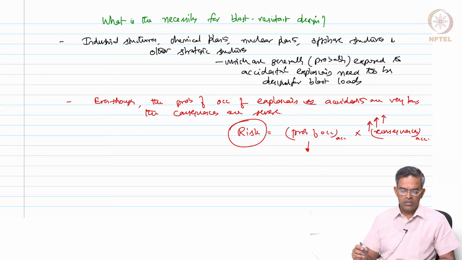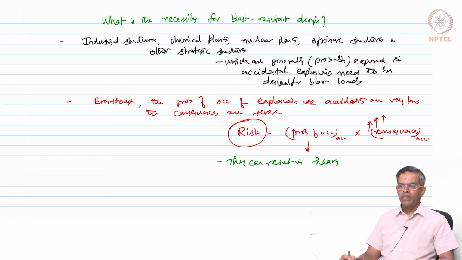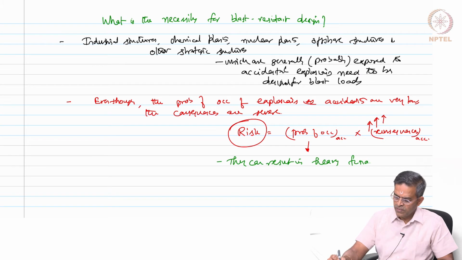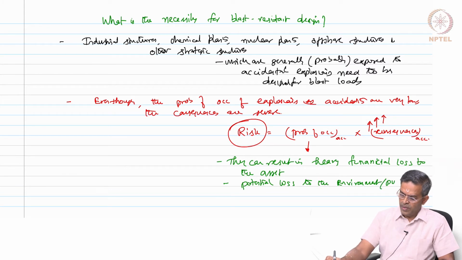So, accidental explosions, since they have a very high risk factor, can result in heavy financial loss to the asset, and it can cause potential loss to the environment and public.